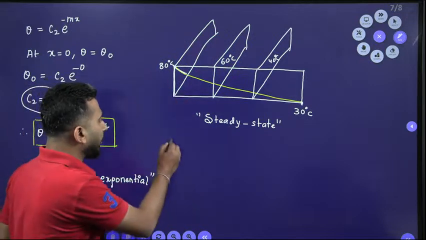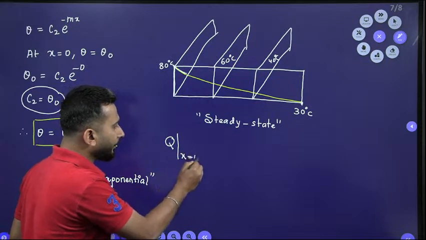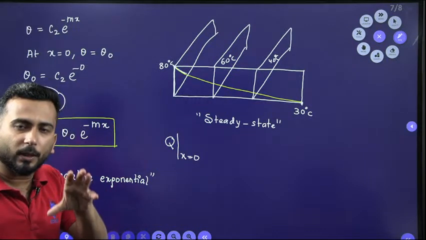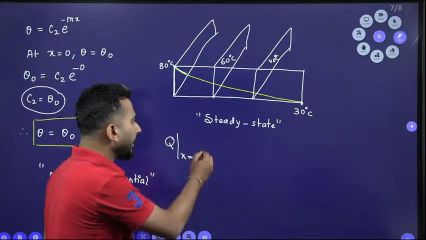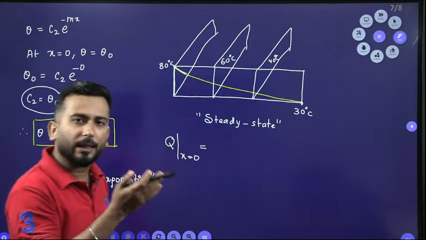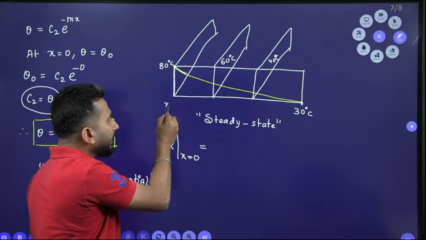That means I want to know heat at x equal to 0, and what is the heat that is getting dissipated or convected. So this can be found out by applying Fourier's law at x equal to 0.